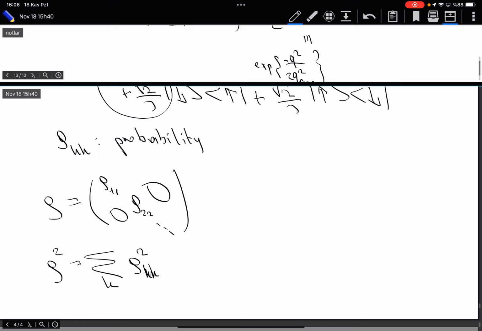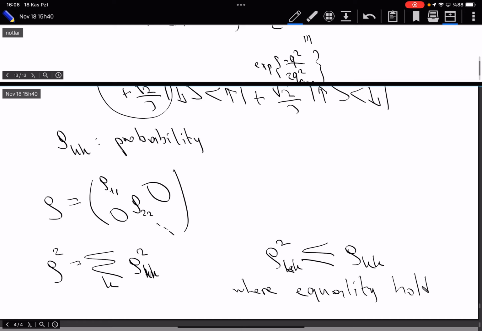You see, rho kk squared is less than or equal to rho kk, where equality holds if and only if rho kk is equal to 0 or 1. Otherwise, rho kk squared cannot be equal to rho kk.